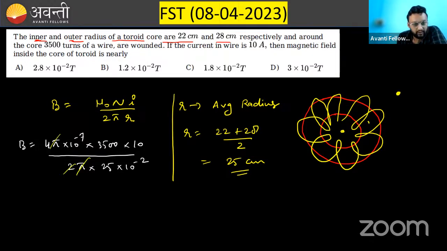Pi and pi cancel, and that will be 2 times 5, 700.